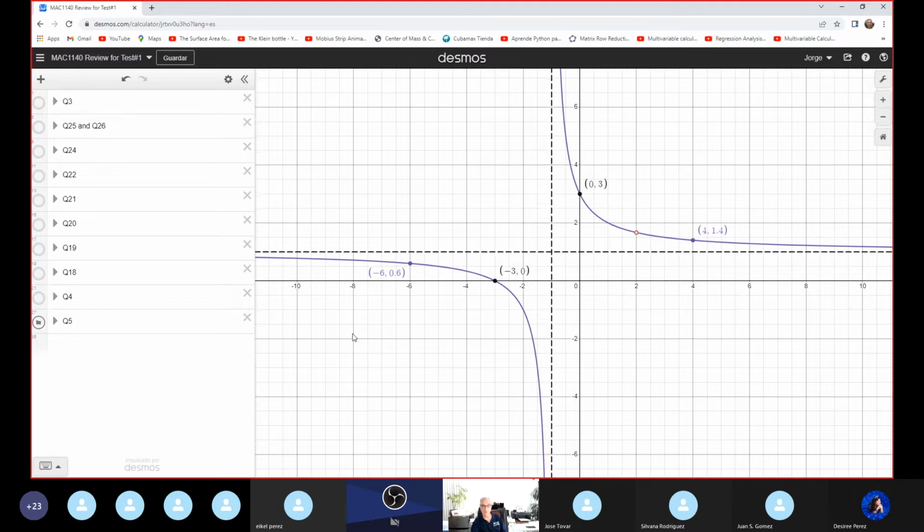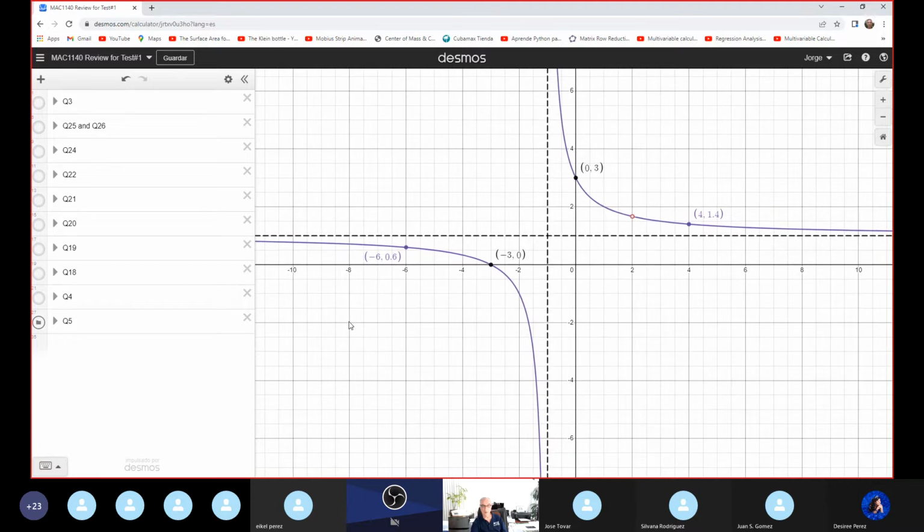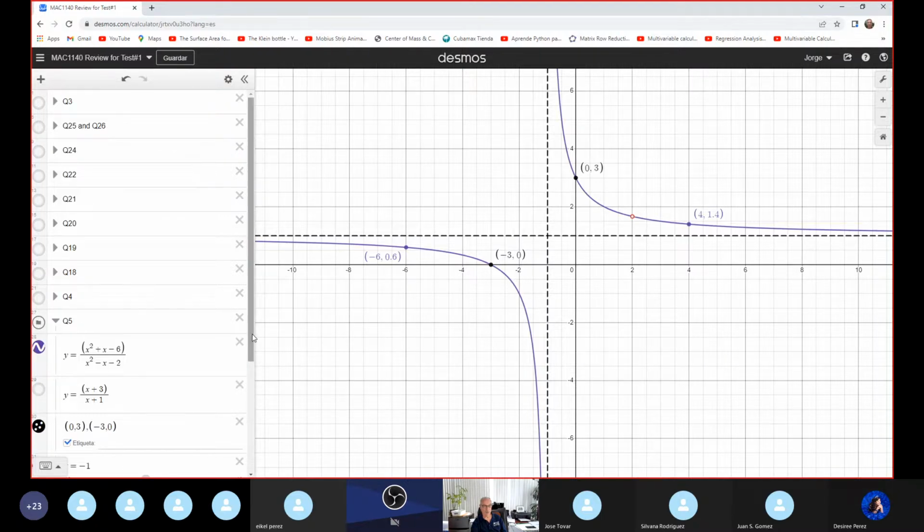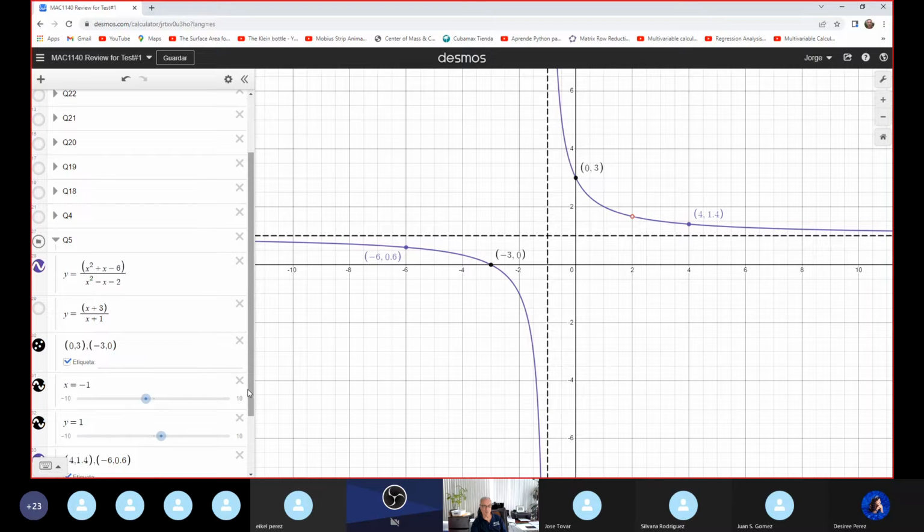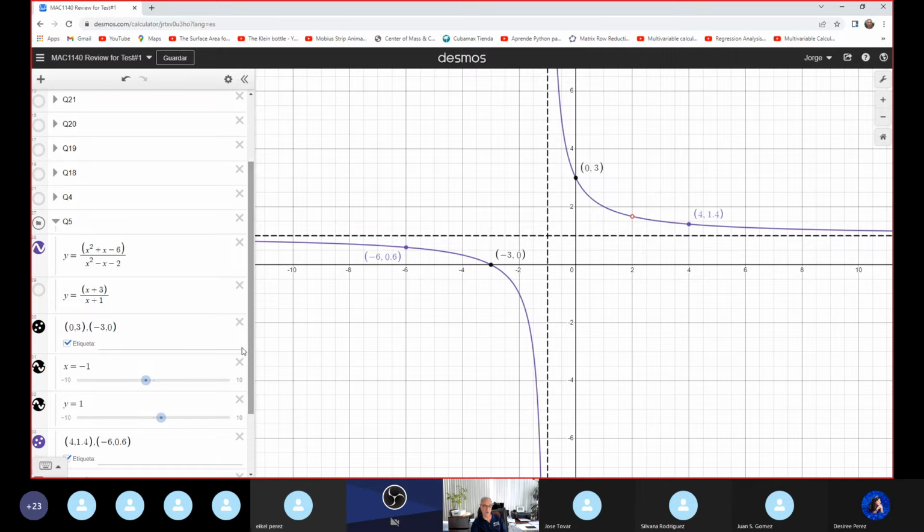Look at that. This is my perfect job. This is the given function. Look here. We have the simplified function. After that we can see, for example, the vertical asymptote here.